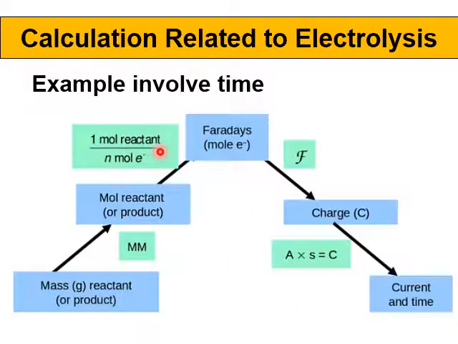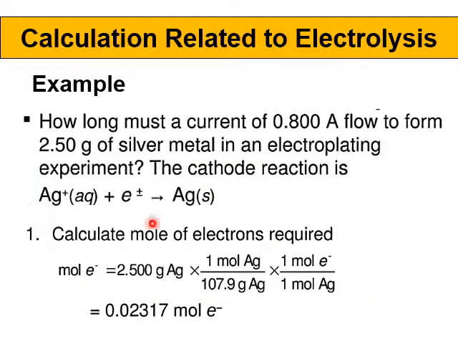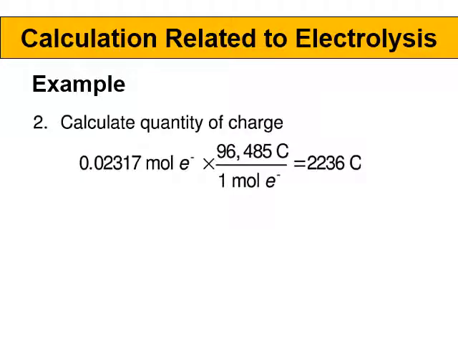Now mass to moles. We have 2.5 grams of silver times 1 mole over the molecular weight, times 1 mole over 1 mole. That will give you the moles of electrons. What do you need to do next? Moles times Faraday over 1 mole, cancelling the moles, gives coulombs: 22.36 coulombs.